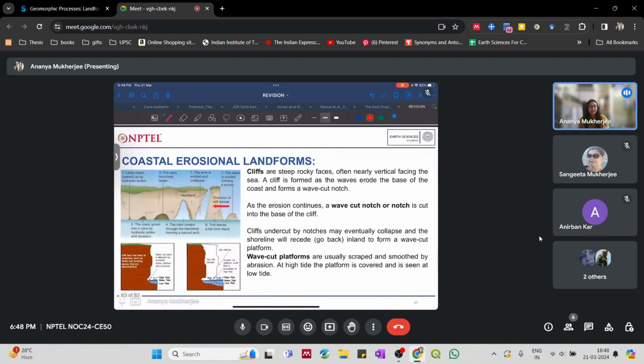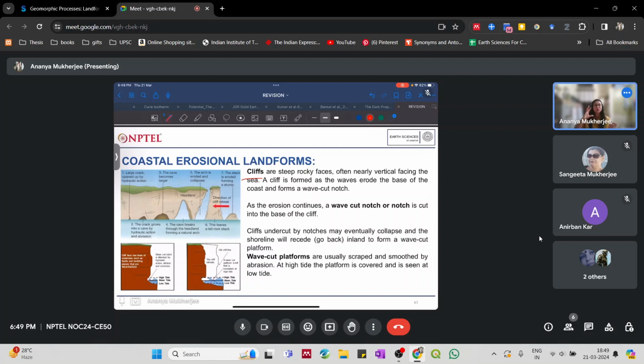So at the headland portion of the coast, you can have features like cliffs. Okay, so where you have the waves eroding the base of the headland coast, it will first create a wave cut notch, and this wave cut notch gets further eroded.